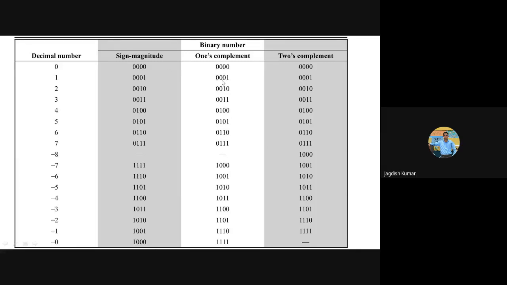The third column gives the one's complement representation of these same numbers, and the fourth column gives the representation of two's complement of a number. The question is, how to get the two's complement of a number? Suppose you have been given a number in decimal.